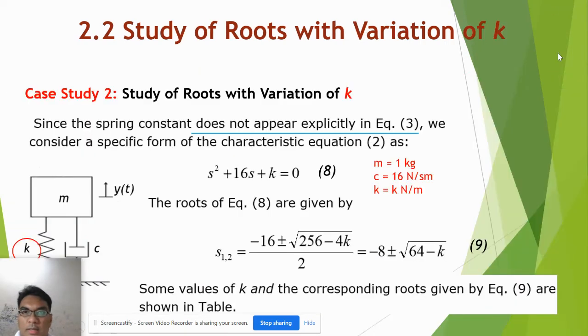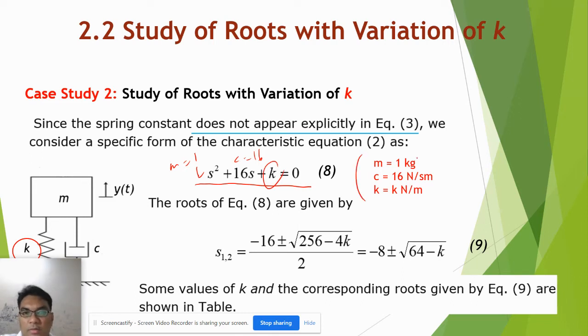Let's see the next one, on how you can vary the parameter k. We use a similar roots equation here, where m equals 1, c equals 16, and k is to be determined.